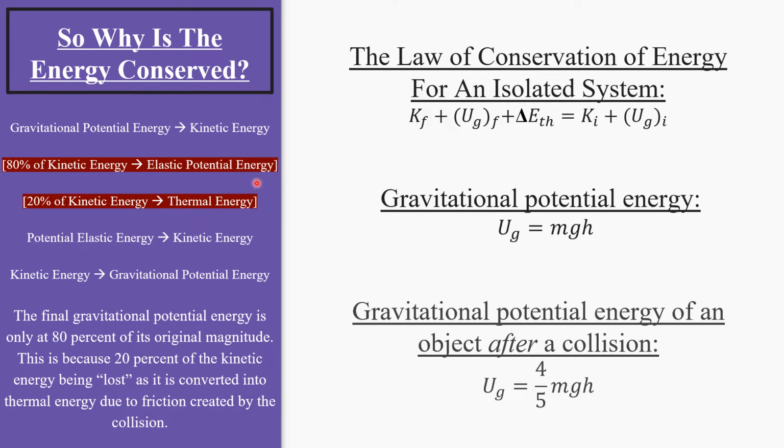This energy technically becomes lost since it cannot be transformed back into potential or kinetic energy. So that 80% of the elastic potential energy is going to change back into kinetic energy. And finally, that kinetic energy will become gravitational potential energy once again when the ball finally reaches this apex of the second bounce.